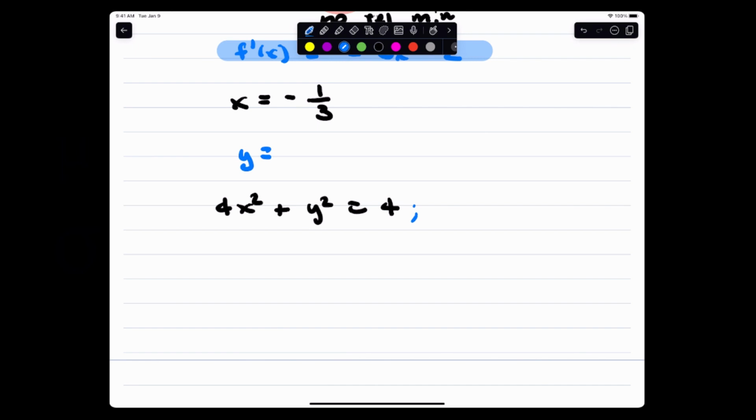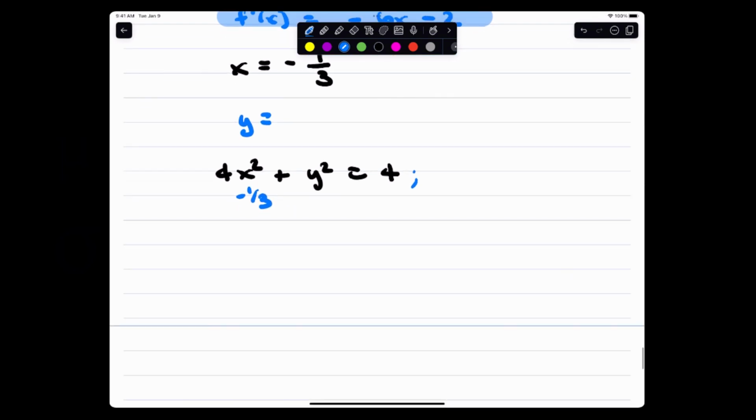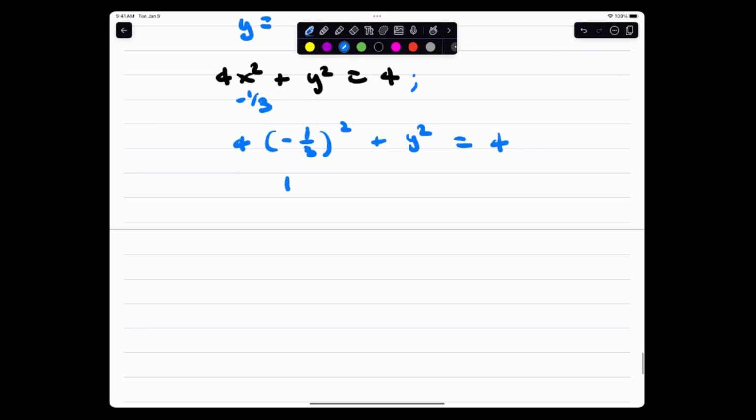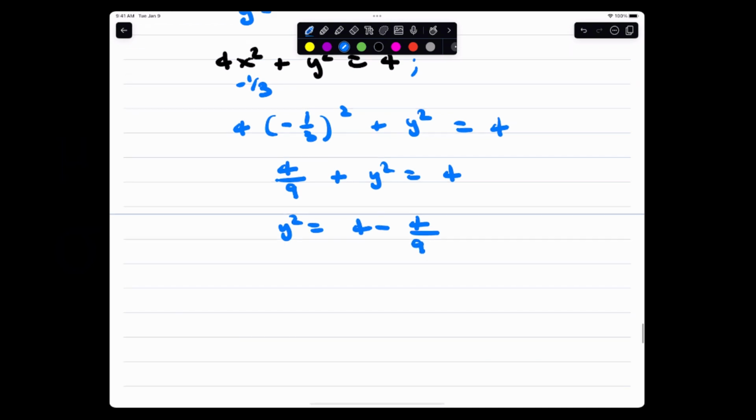X is -1/3. So I get 4, -1/3 squared. Y squared is 4. 4/9 plus y squared is 4. Y squared will be 4 minus 4/9, okay?